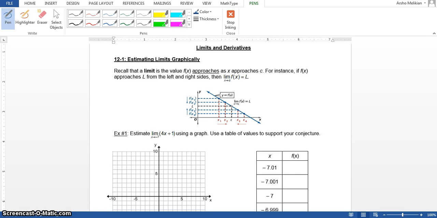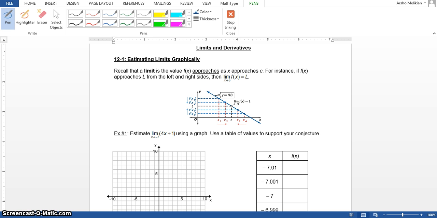We talked about limits in chapter 0, and we said that a limit is the value on the y-axis that the graph of f of x approaches as you approach x equals a specific value.